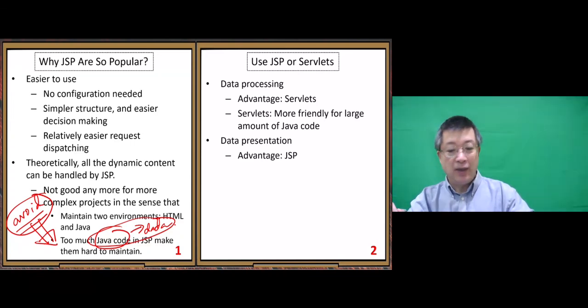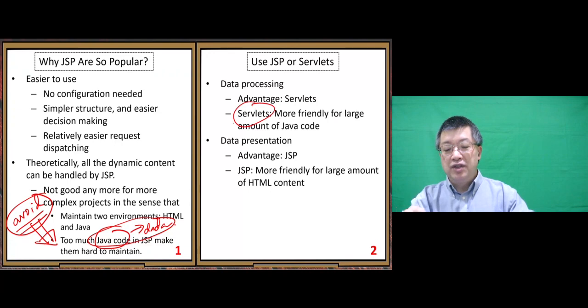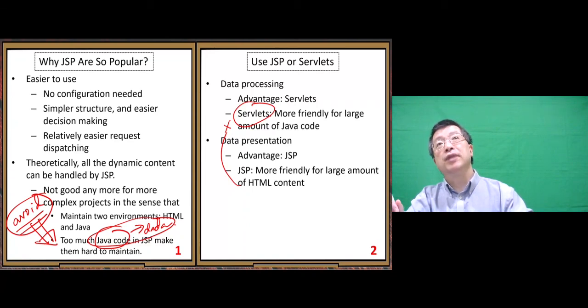JSP is more friendly for large amounts of HTML content, and not friendly for servlets. Servlets are not friendly for HTML content, so we want to avoid using servlets to generate HTML content.